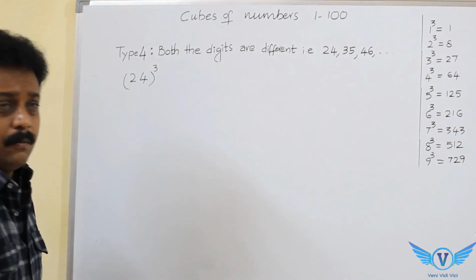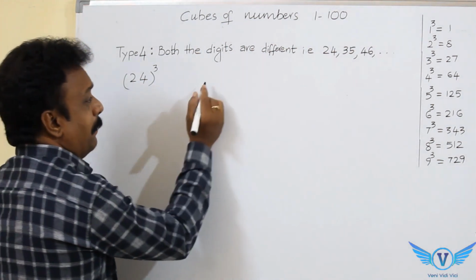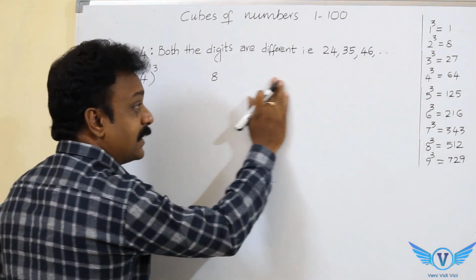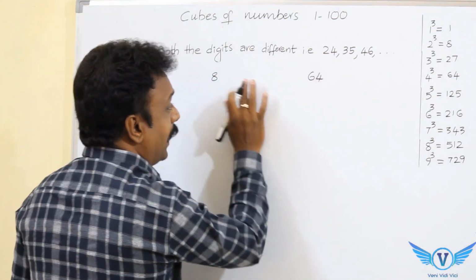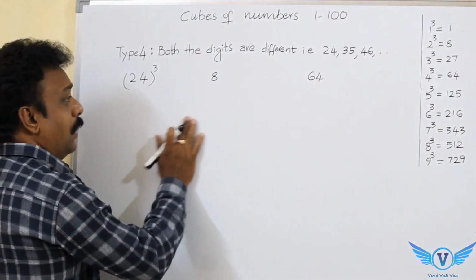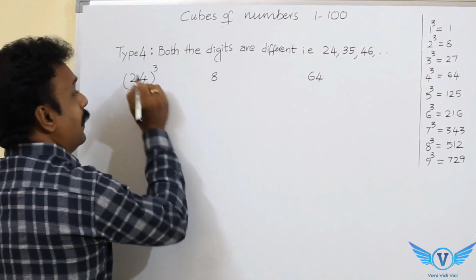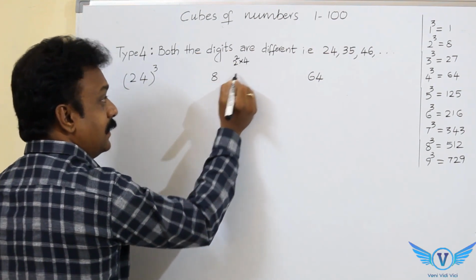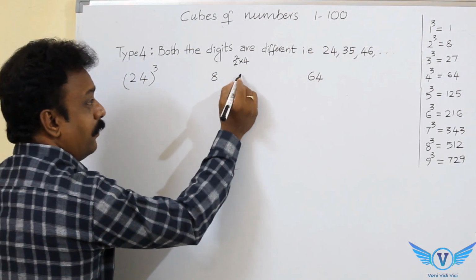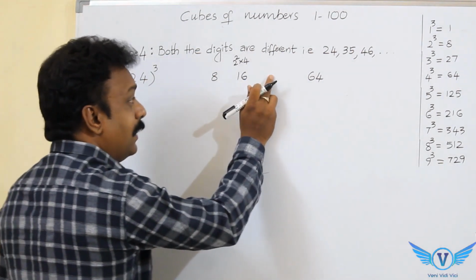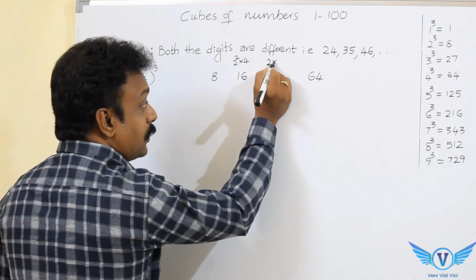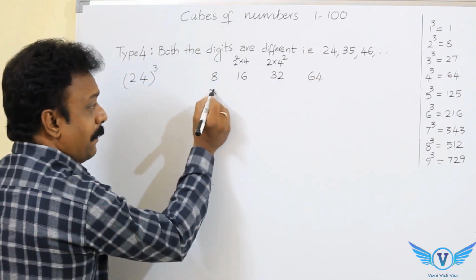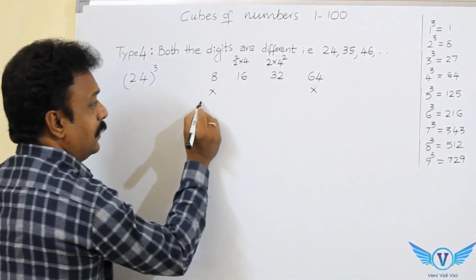Here in this method, we will write the cube of the first number, 2 cube, 8. 4 cube, 64, but we will write the 64 here because we have to write 2 numbers in between. So, here we will write square of the first digit into second digit. 2 2s are 4 into 4, 16. Here we will write first digit into square of second digit, 32. Remaining is same as previous one.